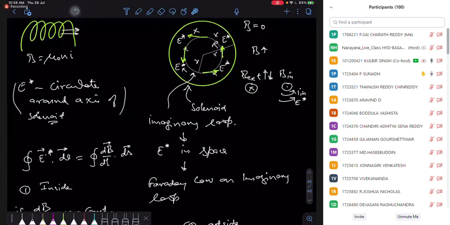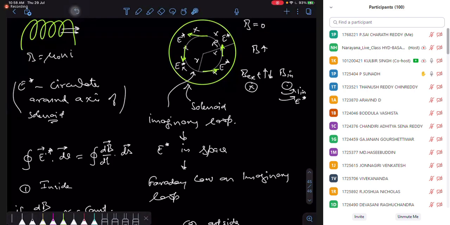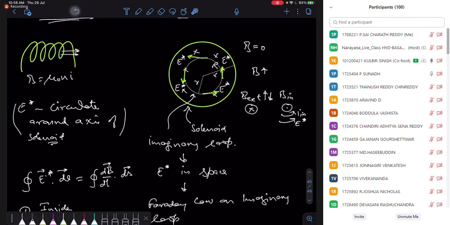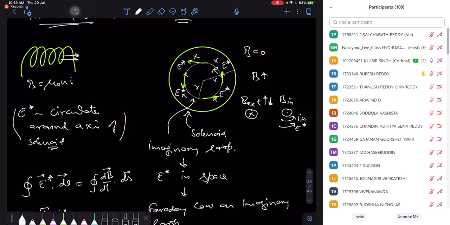Is it clear? Direction: you can find the direction of E star the way you apply Faraday's law and Lenz's law. According to Lenz's law, the E star direction is the same as the direction of current that Lenz's law gives.